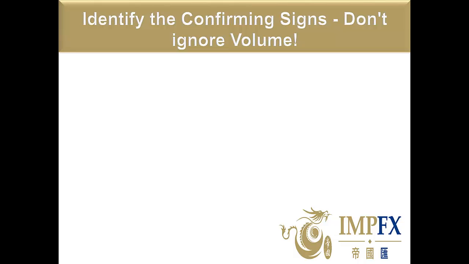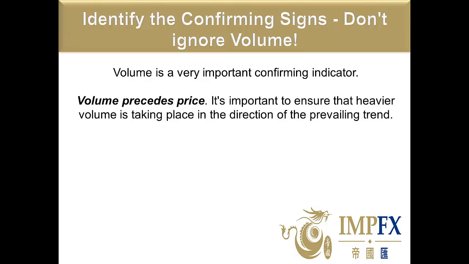Identifying the confirming signs. Don't ignore volume. Volume is a very important confirming indicator. Volume precedes price. It's important to ensure that heavier volume is taking place in the direction of a prevailing trend.